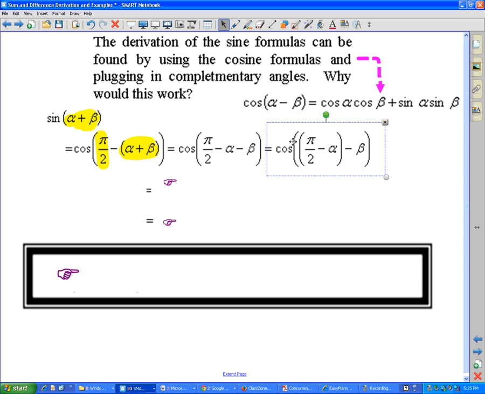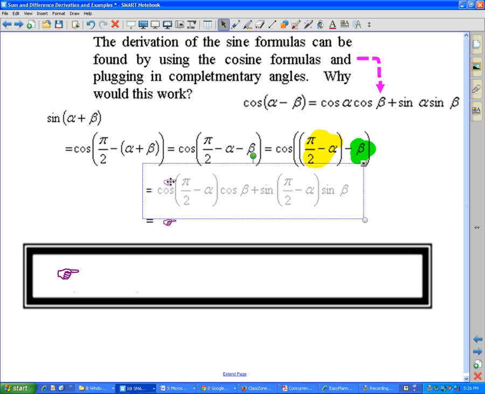I now have two different angles. I now have pi over 2 minus alpha as one angle, and beta as the other angle. Okay? So let's go ahead and plug them in our formula now.